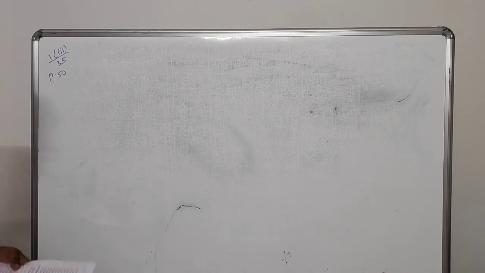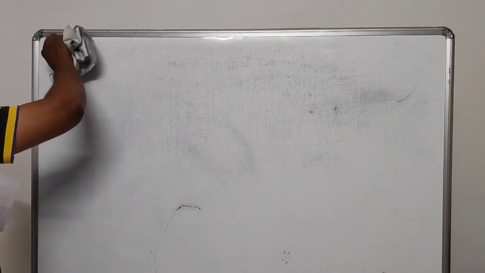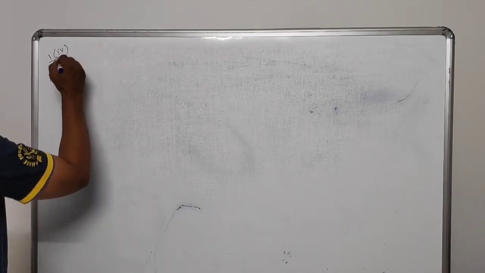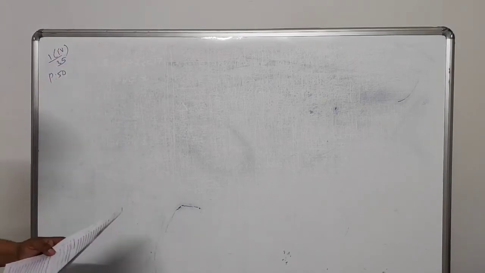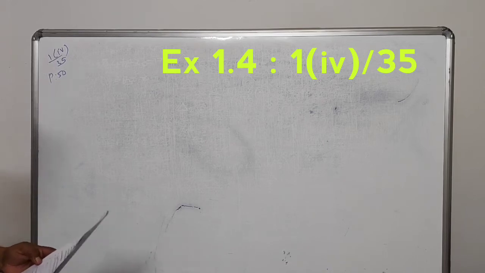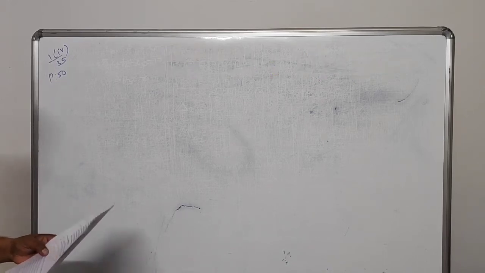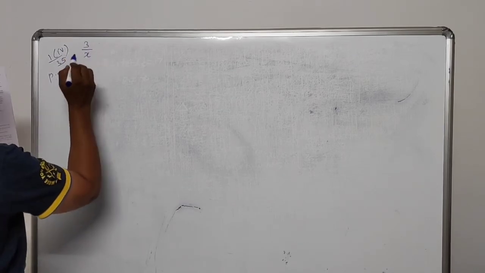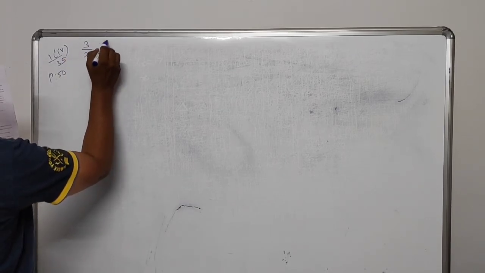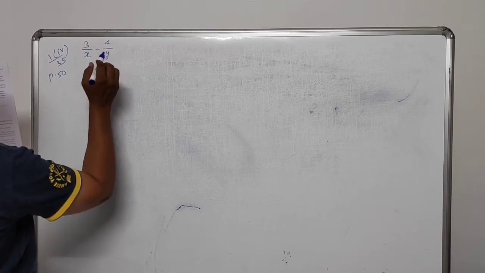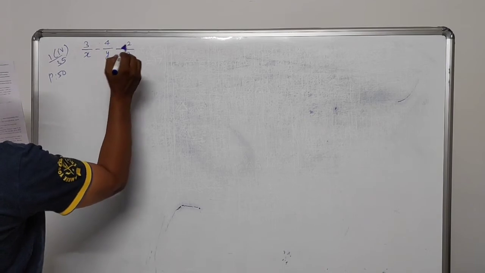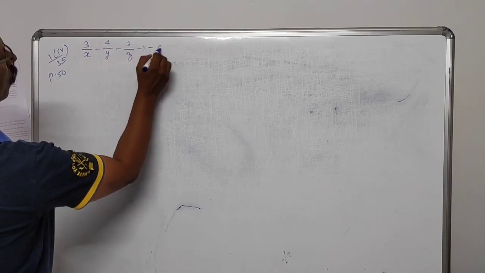Now, let us do the fourth problem. The fourth problem is given on page number 35 of exercise 1.4, and in the material it is the same problem number 15. Now, the given equations are 3 by x minus 4 by y minus 2 by z minus 1 equal to 0.